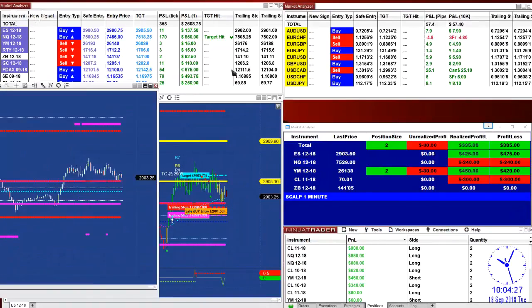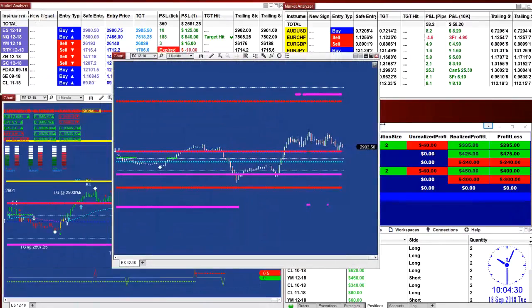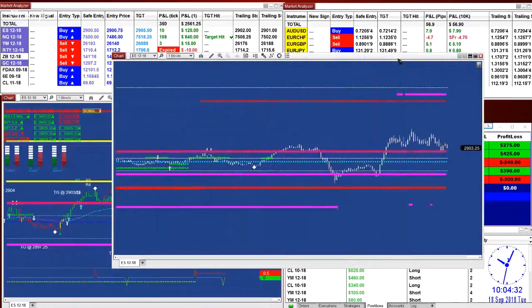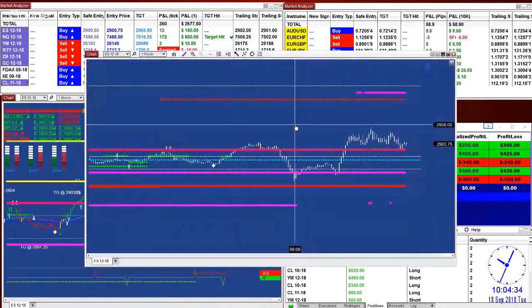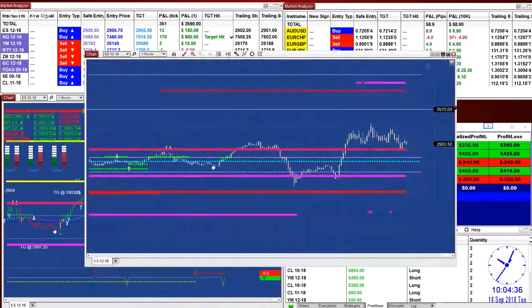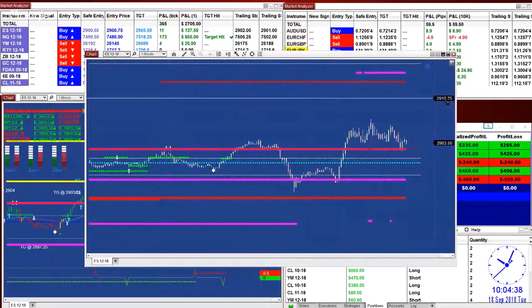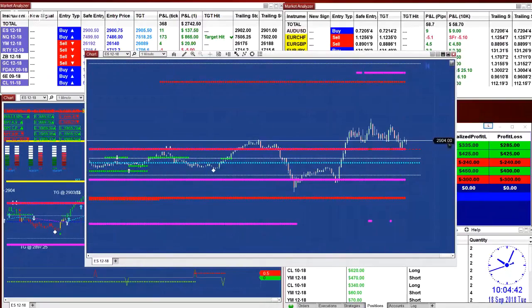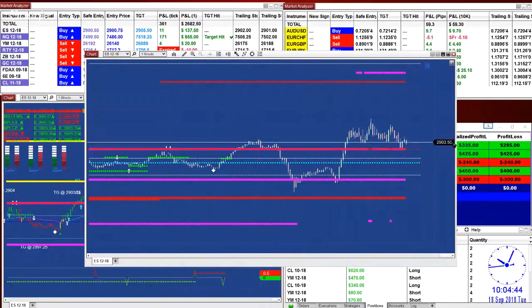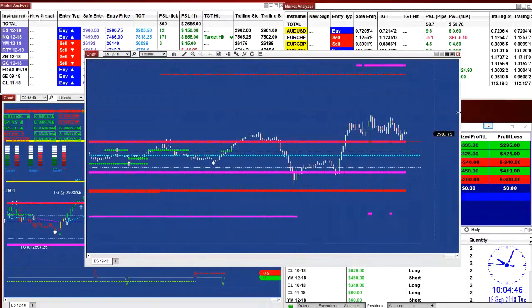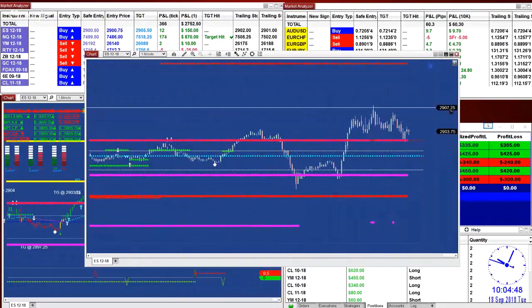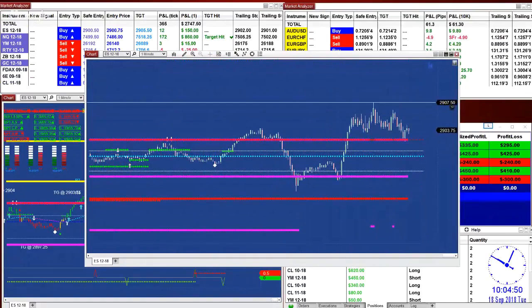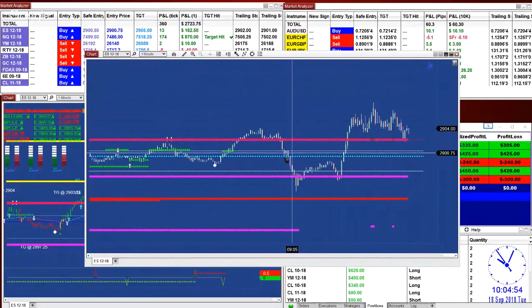Before I trade every day, I always like to look at an empty chart like this one here so I can have a clean picture. This is one of the things most auto traders never do. They just turn on the auto trade, whether from us or somebody else.